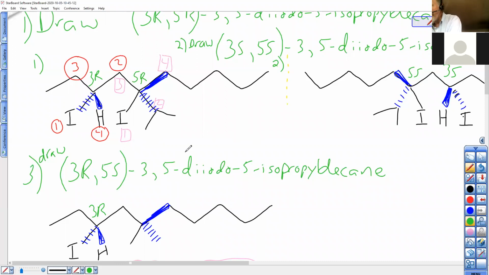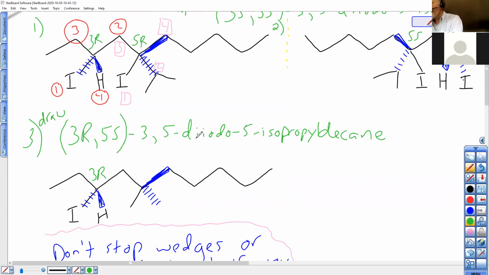If you have an R stereocenter and you do just one switch, like an iodine for an isopropyl, what used to be R will now be S. So I'm putting the iodine on the dash where the isopropyl used to be, and the isopropyl on that normal bond where the iodine used to be. And look at that, without having to do any thinking or figuring out, I've already finished that job. Isn't that nice?